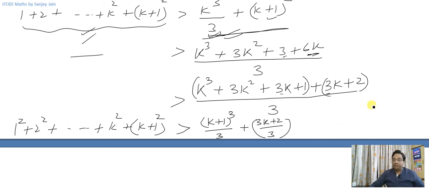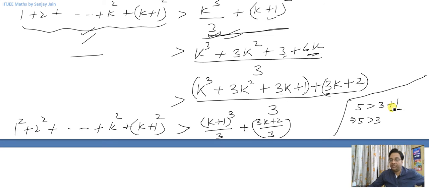It is of the same type that we discussed in previous questions: if 5 is greater than 3 plus 1, then 5 will definitely be greater than 3. So if something positive is added here, I can lose this 1, right?